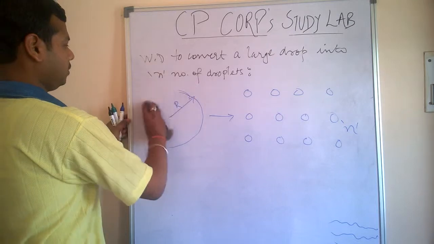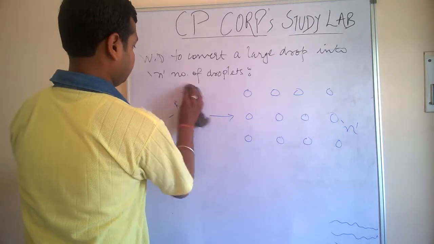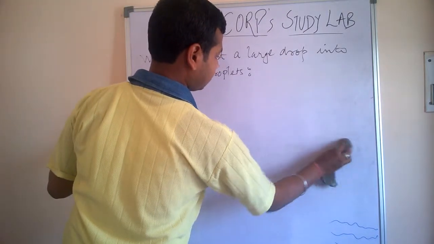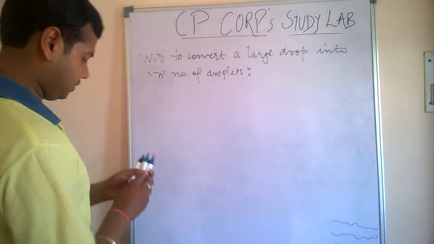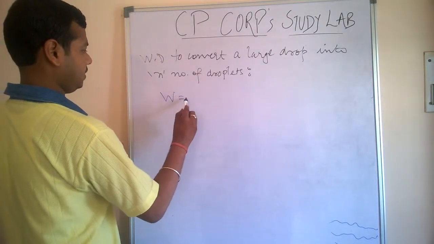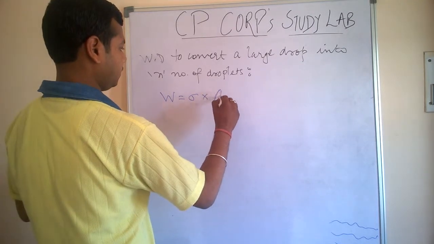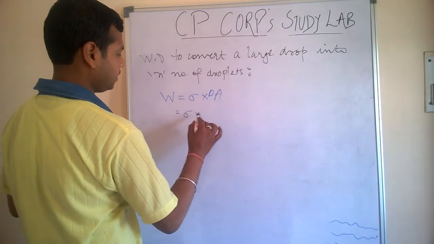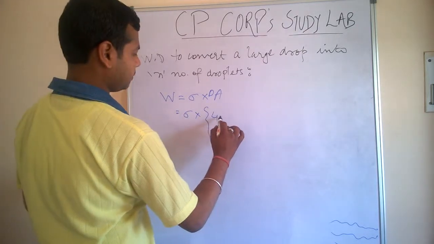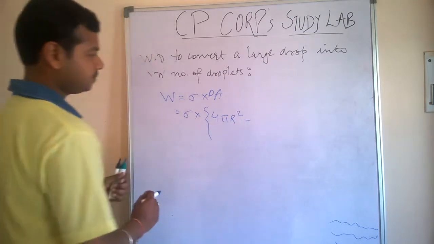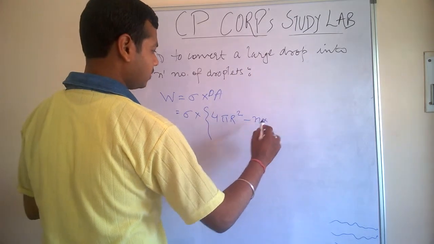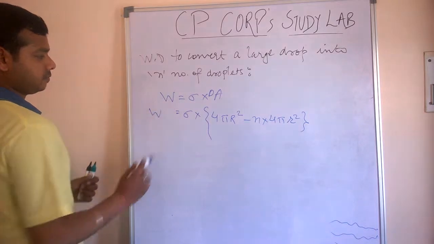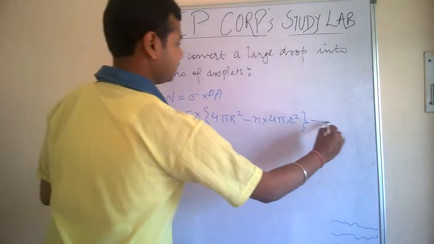So what we are going to see: work done is sigma into change in area. The change in area will be sigma into, initially the area was 4 pi capital R square, minus n times the smaller one. This is the first equation.